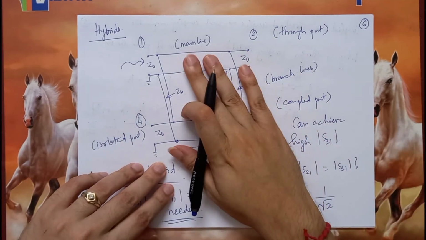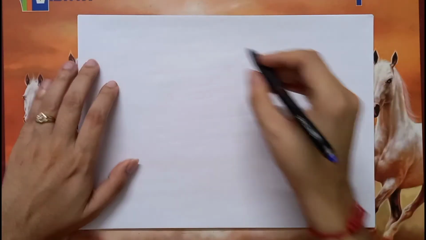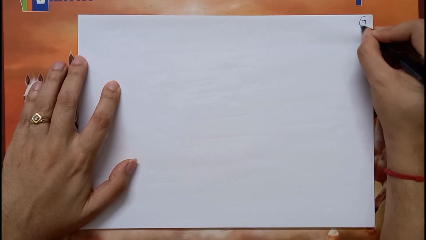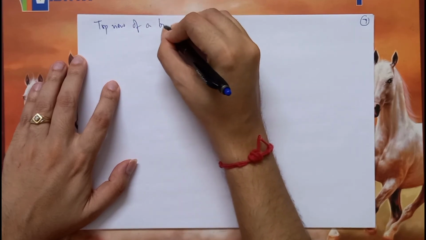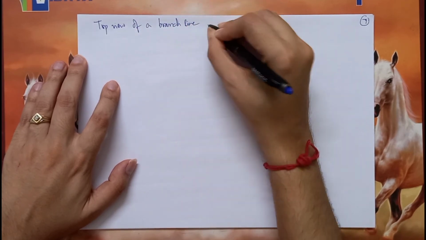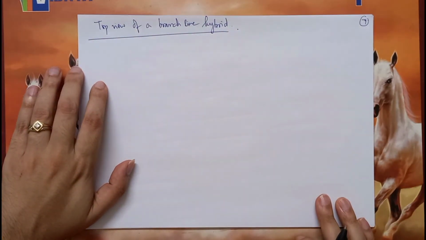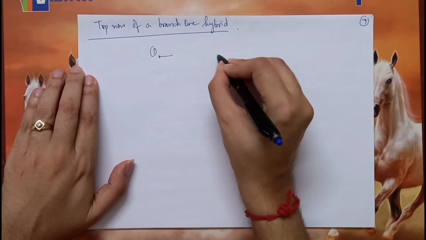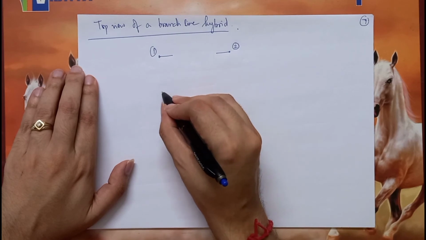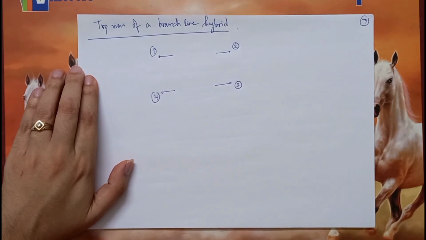To do this, again we shall look at the top view only. We will not look at the bottom conductor. Top view of a branch line hybrid. Let us say this is port 1, this is port 2, this is port 4, and this is port 3.